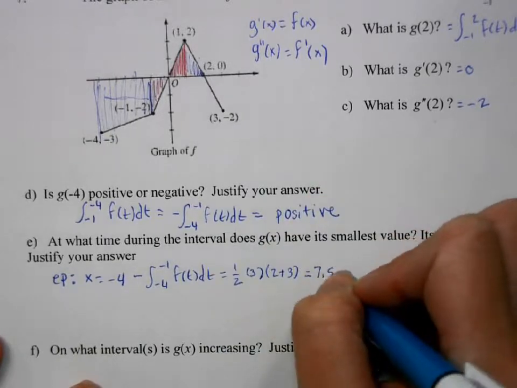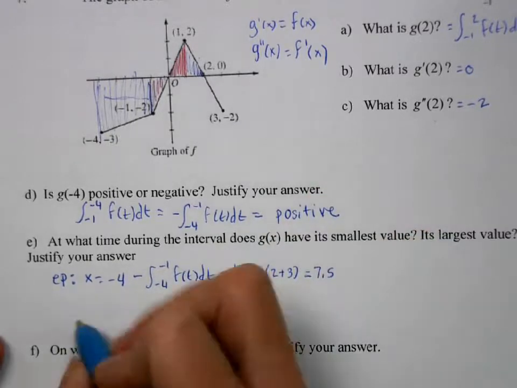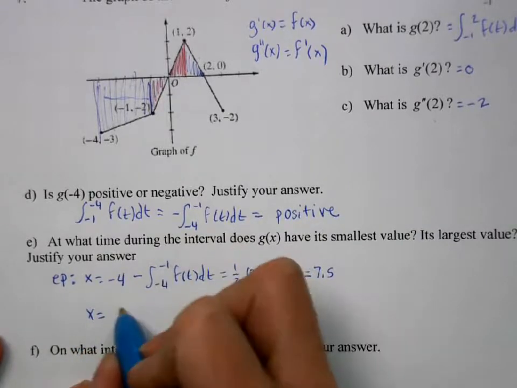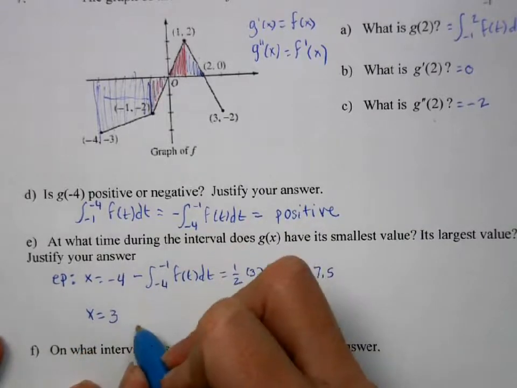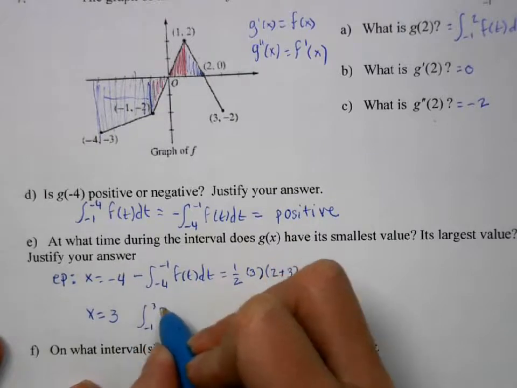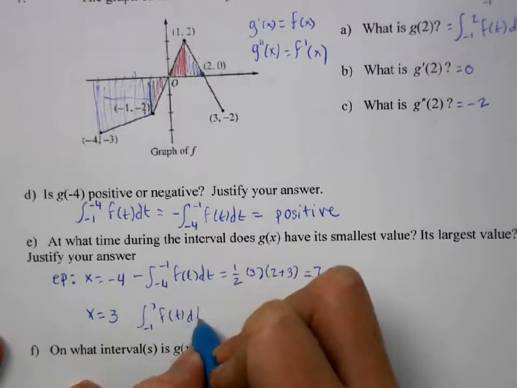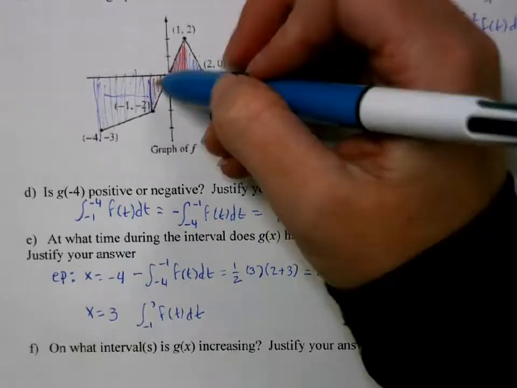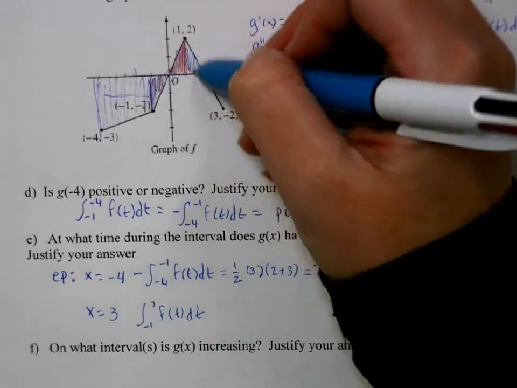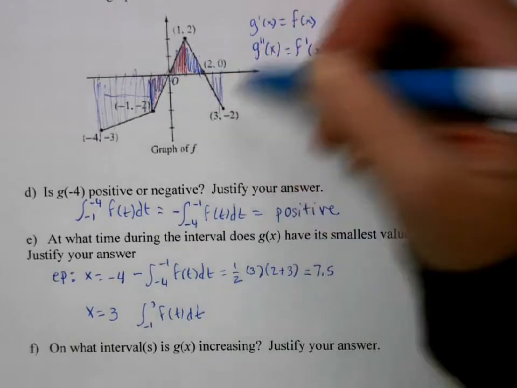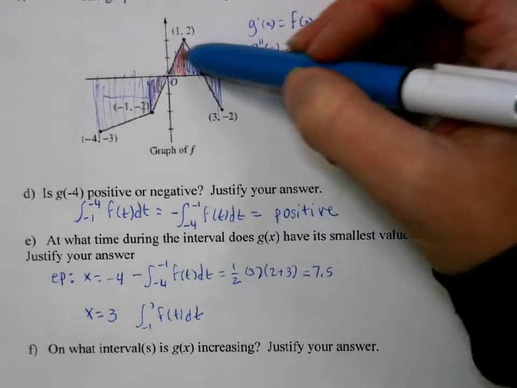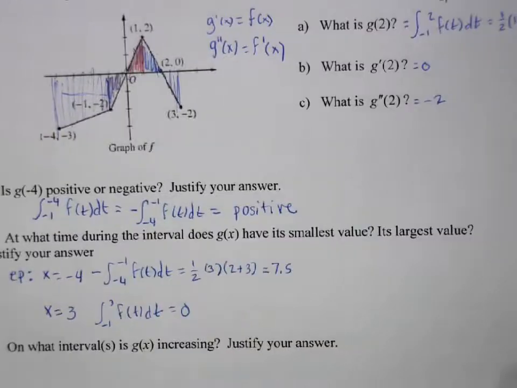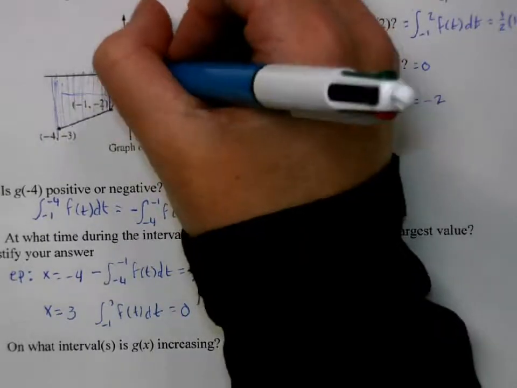Our other endpoint is at 3. Okay, so at 3, we're going to have this area, this area, this area, and this area. So the positive area and the negative area are equal to each other, so that's going to be 0. We have two critical points, at 0 and at 2.